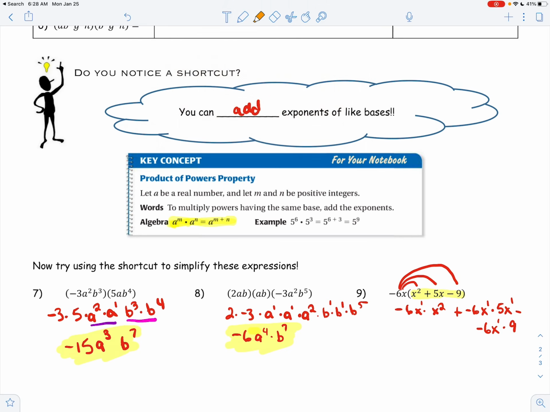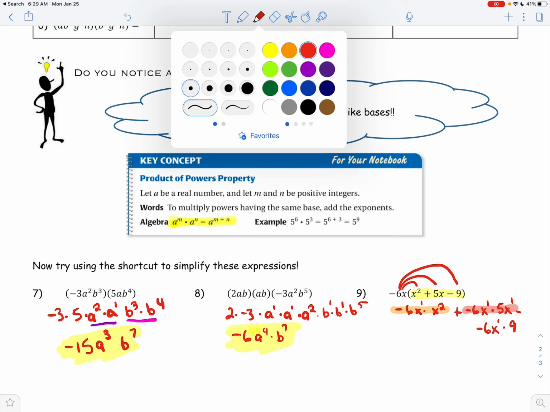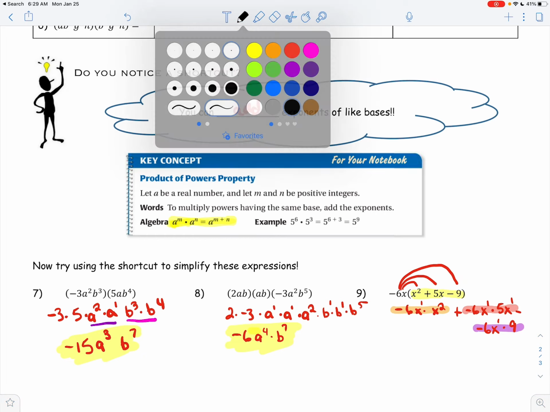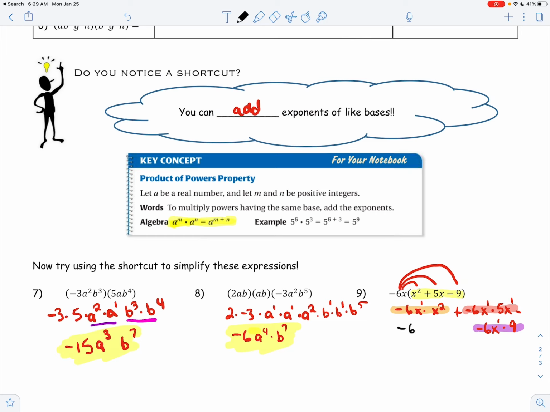All right, hopefully what we notice here is that these are different terms. So we can write this as, I'm going to write this in black, negative 6x, 1 plus 2 is 3. And then negative 6 times 5 is negative 30.